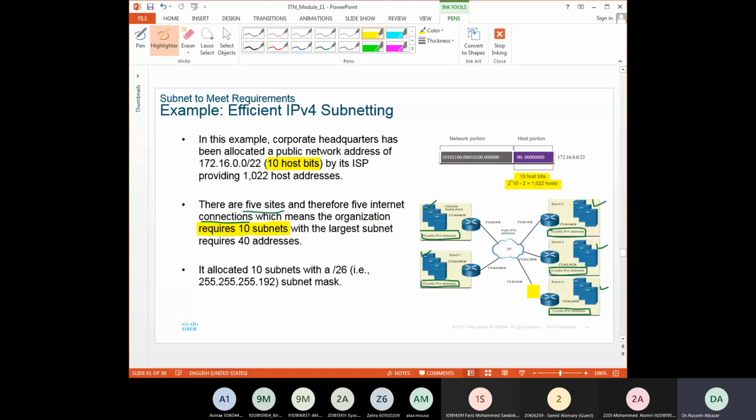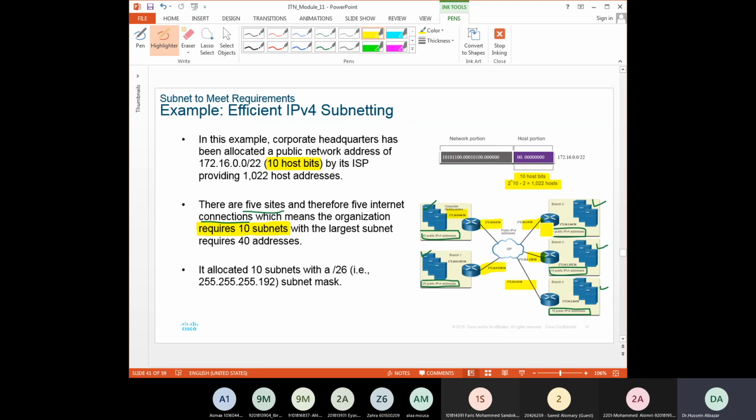Each one is connected to the internet. So this is a subnet, and we have the other interface with the internet. It's another subnet, the 1. So 2, 3, 4, 5. So the total number of subnets needed here is 10, not 5. Why 10? For each group, we have a subnet, and for each internet interface, we need a subnet.